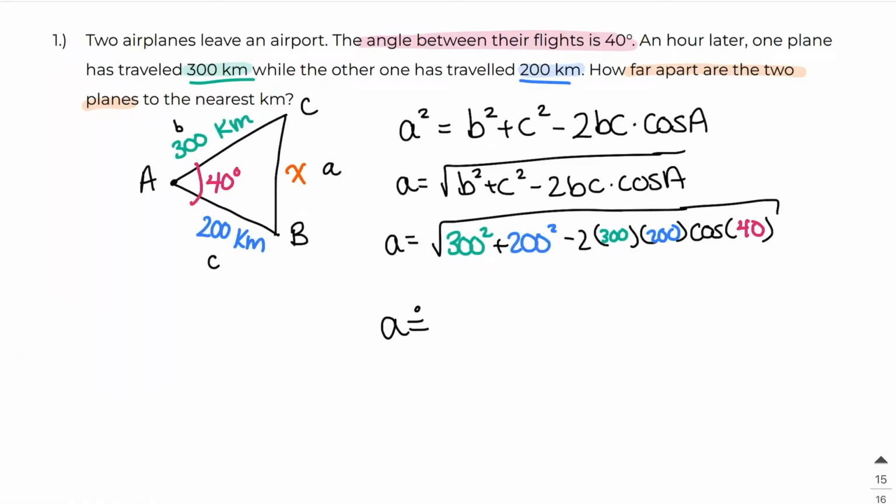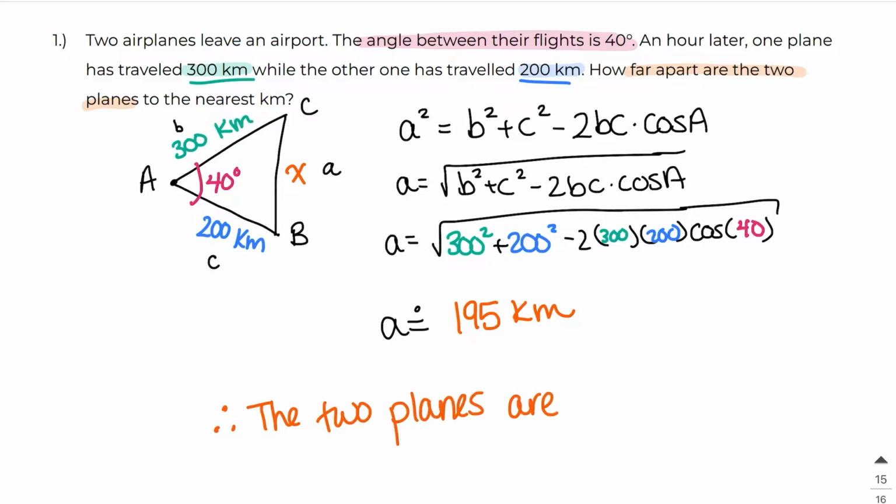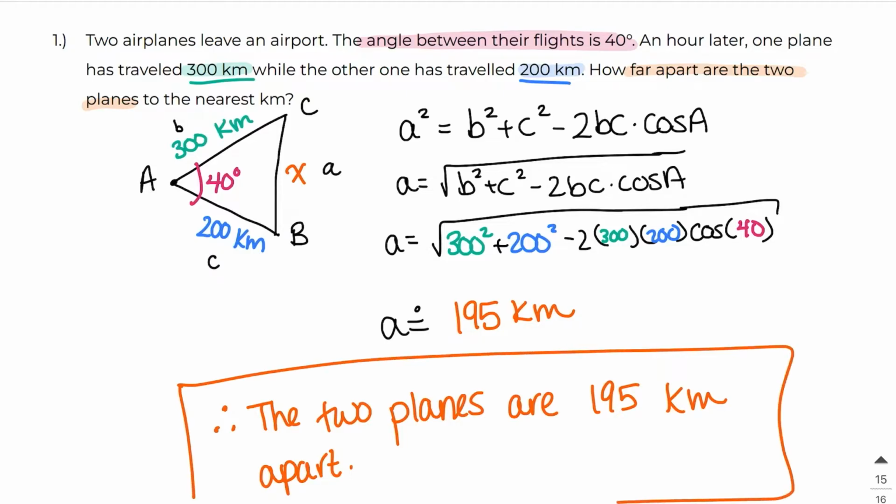And it does ask us to round this to the nearest kilometer. So here we're going to say that this is 195 kilometers. Okay, so here we can say, therefore, the 2 planes are 195 kilometers apart. And that's the answer to number 1.